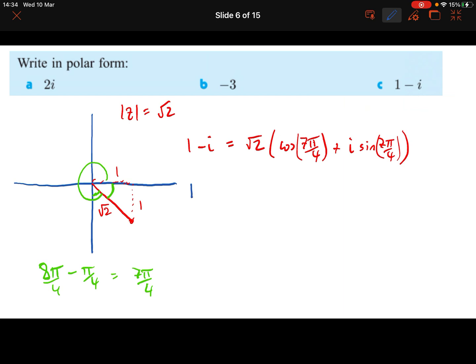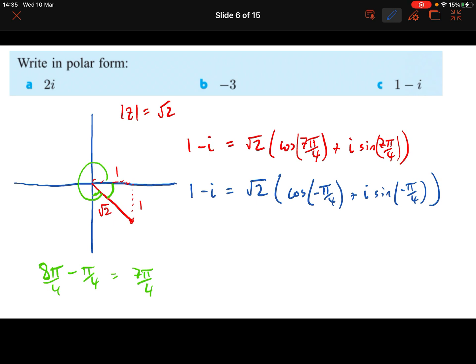We can also say that 1 minus i is, we've got the same modulus, and the angle is not pi over 4, it's negative pi over 4. So we're going to say this is cosine of negative pi over 4 plus i sine of negative pi over 4. Now, they are absolutely equivalent.